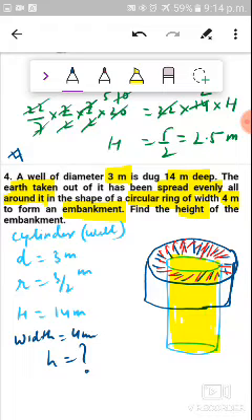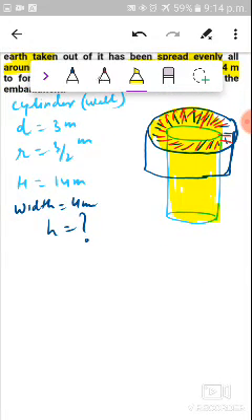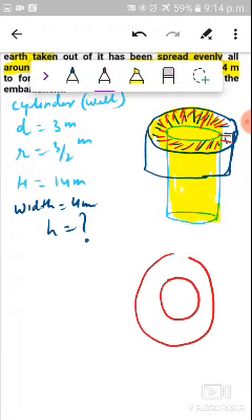Now if you see this full portion from the top, it will be a ring type structure, so it will look like this: an inner circle and an outer circle.